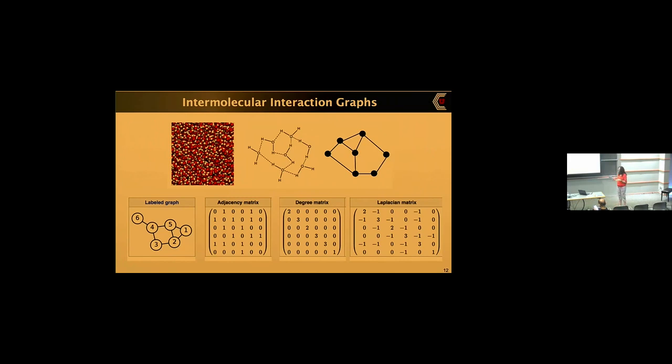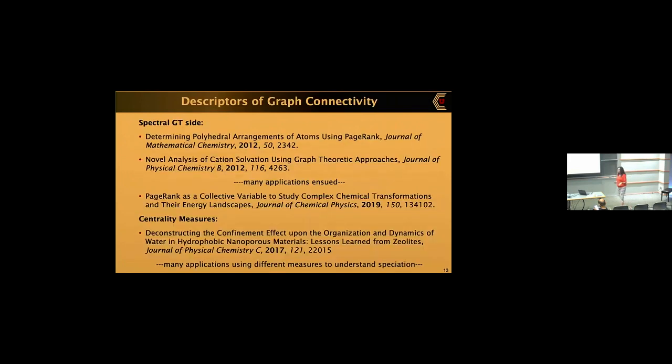There are many, many different types of matrix representations of graphs, all the way from a simple adjacency matrix that just maps the connectivity patterns of nodes, all the way to the graph Laplacian. And we've developed quite a lot of different spectral graph theory descriptors of connectivity patterns of these graphs, and we've used them to identify lots of different trends and changes to chemical species and fluctuations and transitions in those species as well.